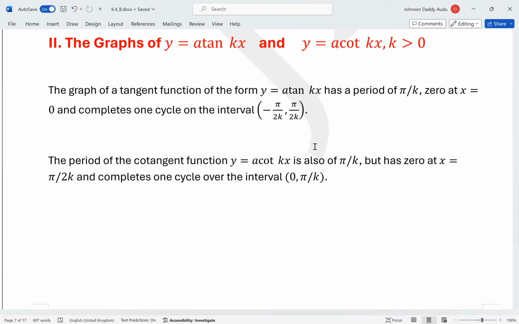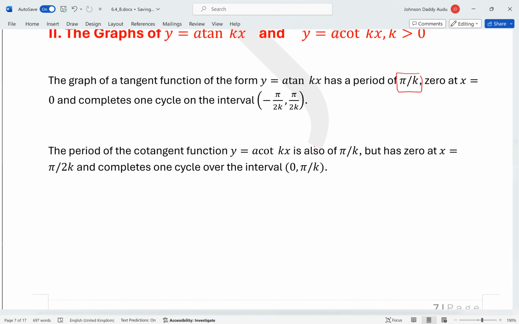So if you want to find the period of tan, we use pi over k. k could be 1, k could be 2. And we know that tan has some vertical asymptotes, right? One complete cycle of tan is completed from minus pi over 2k up to pi over 2k. That is the interval. So let's discuss that of tan first.